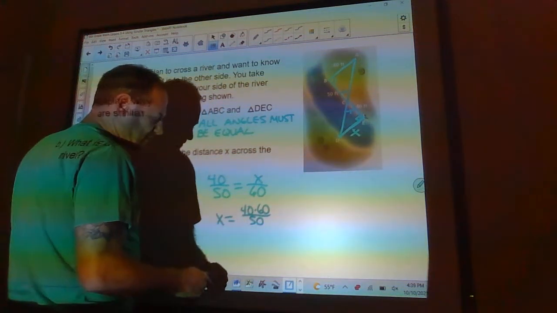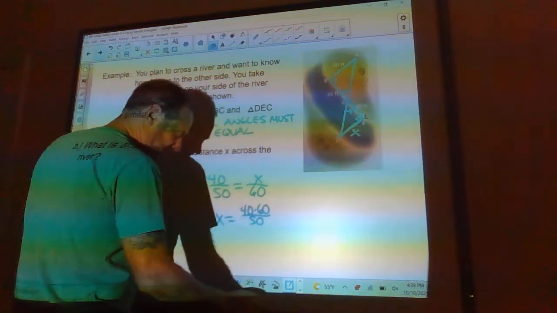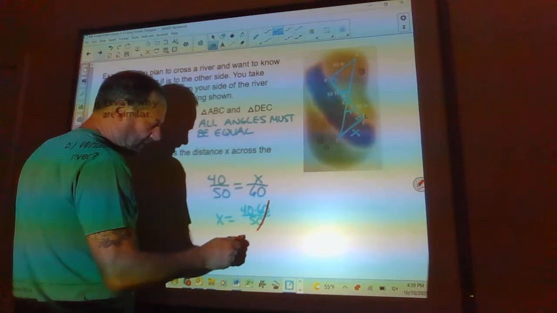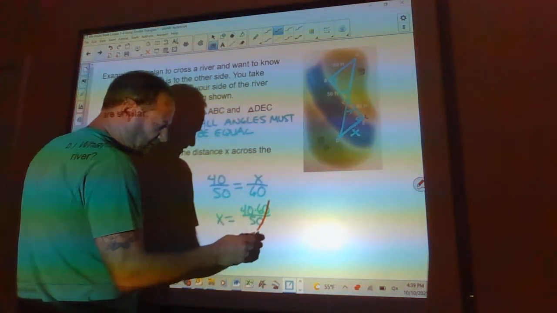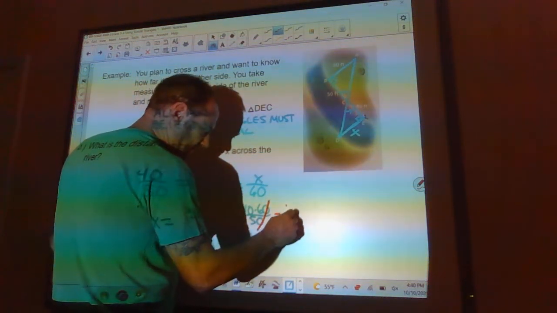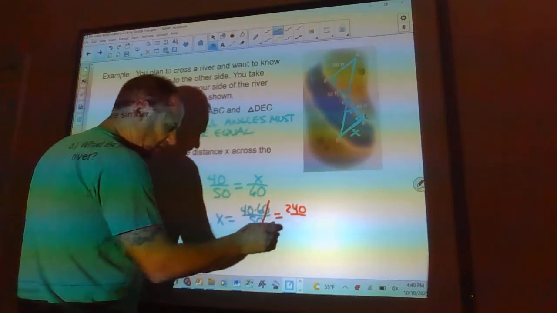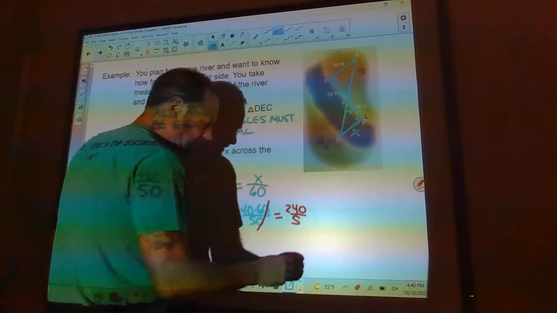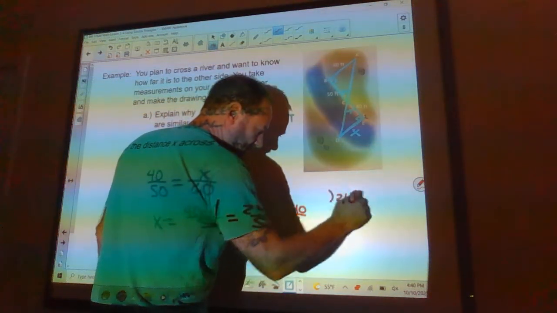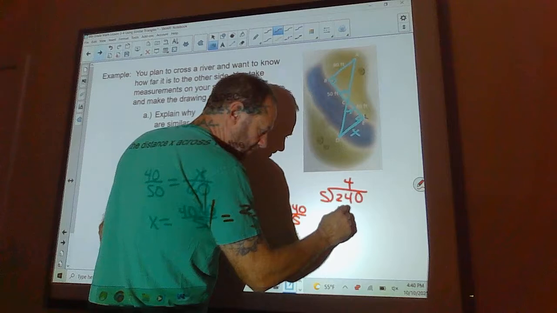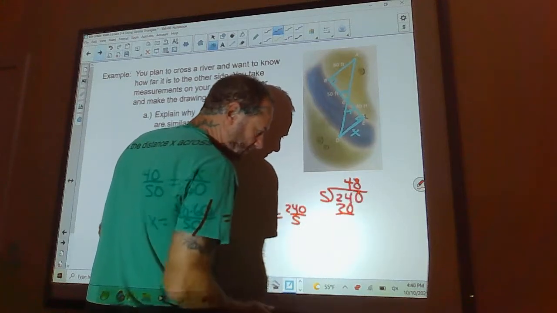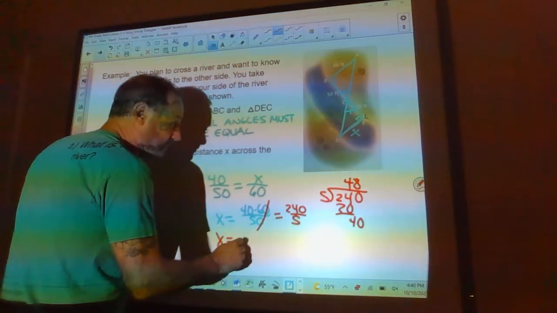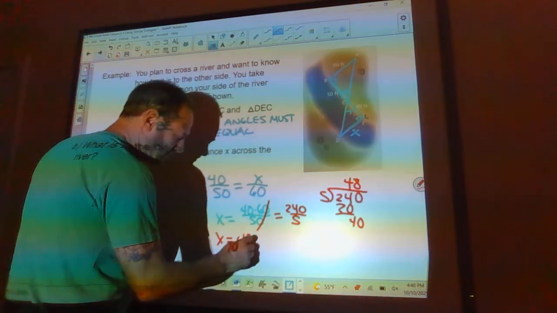Okay, so I can simplify this a little bit by canceling a 0 like that, and I can go 6 times 40 is 240, and divided by 5, 240 divided by 5, 48. Okay, so X is 48, and it's measured in feet, so it's 48 feet.